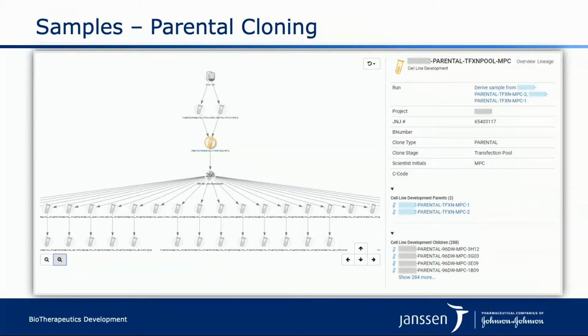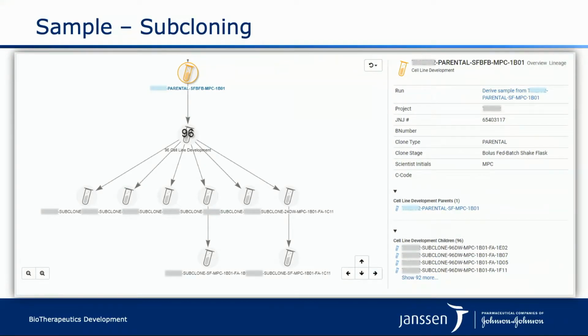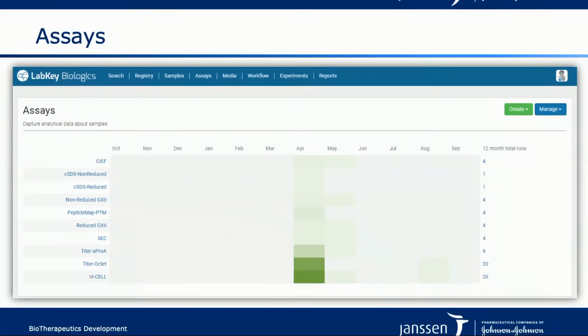As you can see here, not every sample in the well goes to the next step, but some do go down to the subcloning stage, which does another split into 96 deep well plates for the subclones, and eventually goes to a late stage. This is how we are able to track the whole process in the LabKey system.